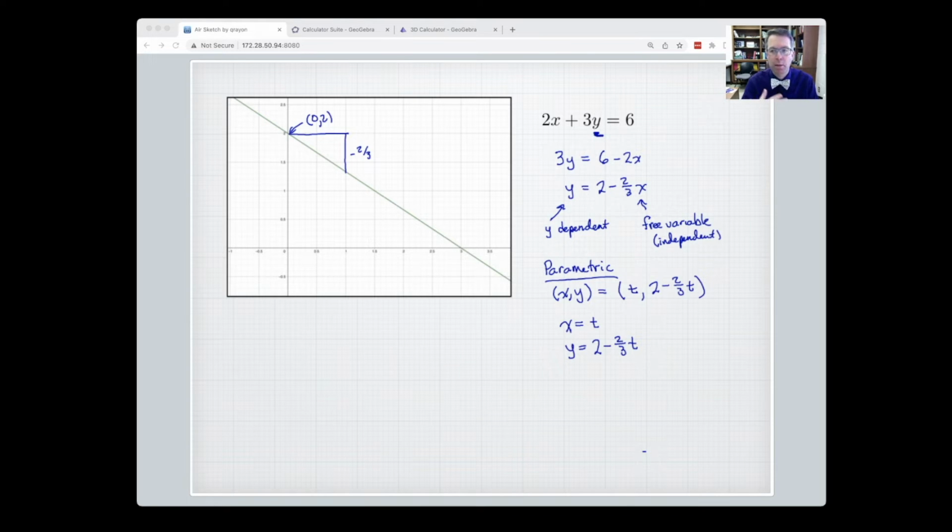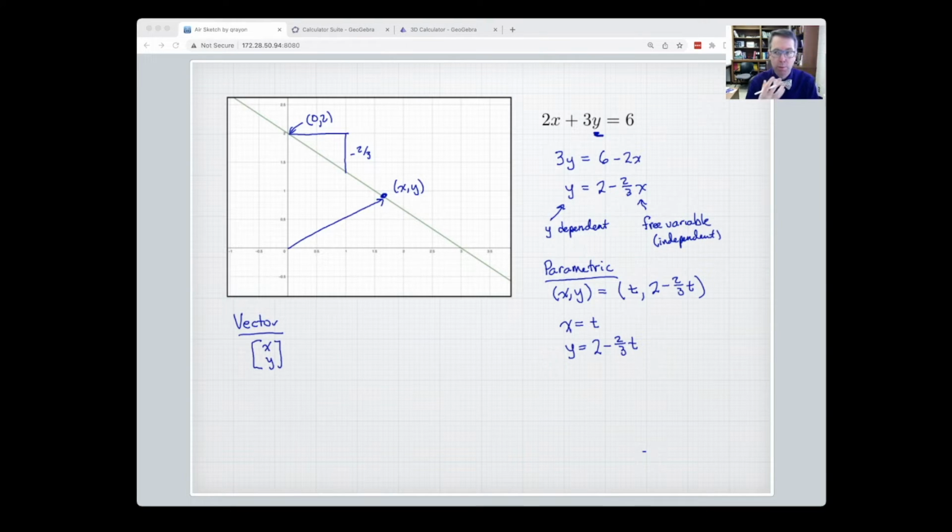So now, instead of thinking about y as a function of x, my point (x, y) is a function of the parameter t. In linear algebra, we're going to instead think about this from a vector perspective. That point can be thought of as being a displacement from 0. So if I think about the point (x, y) along the curve, I can represent that as a vector displacement from 0.